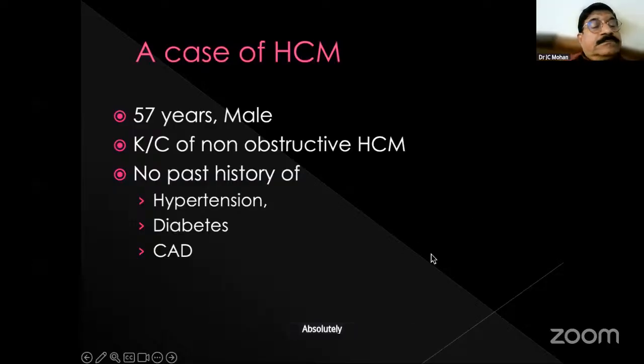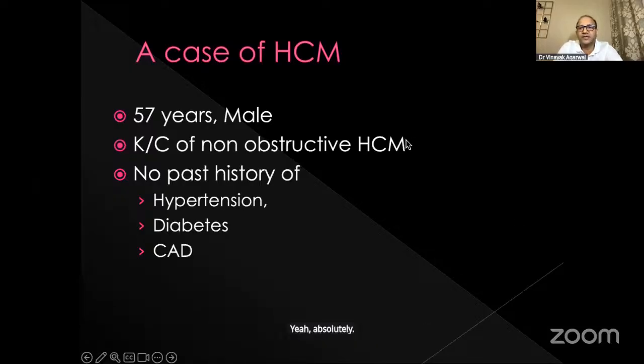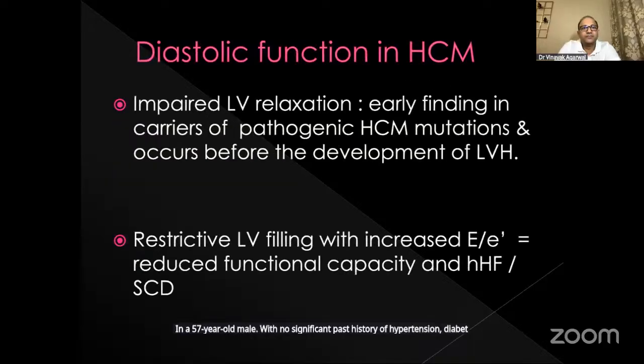Absolutely. So my case is very short, less than 5 minutes, because it's just a representative case of HCM, hypertrophic cardiomyopathy, in a 57-year-old male with no significant past history of hypertension, diabetes, or CAD.